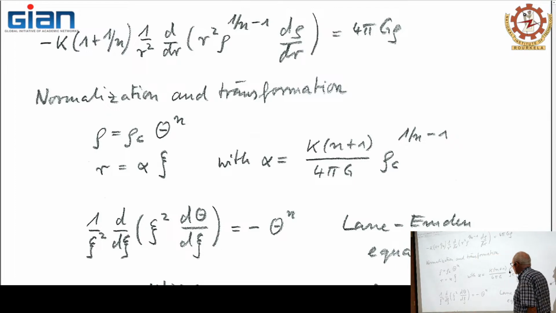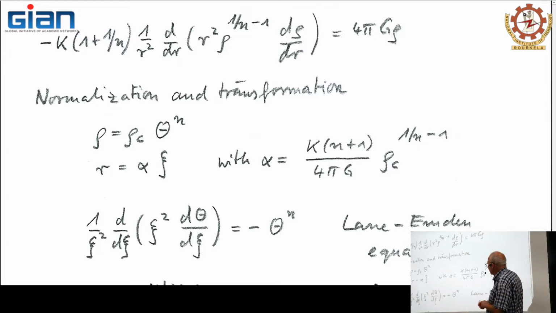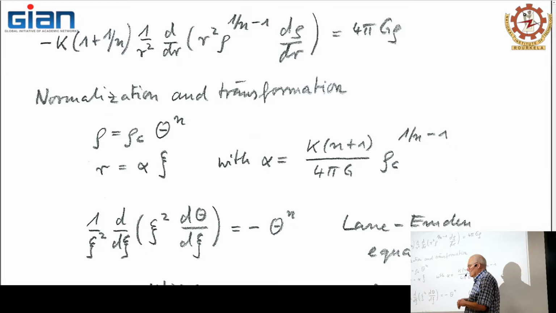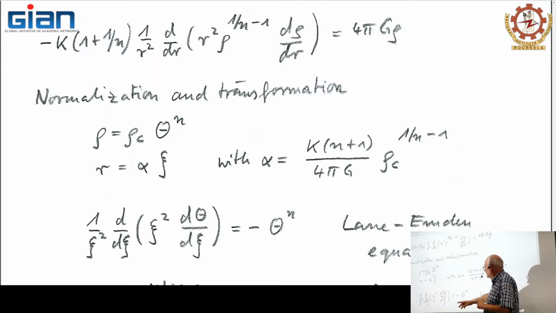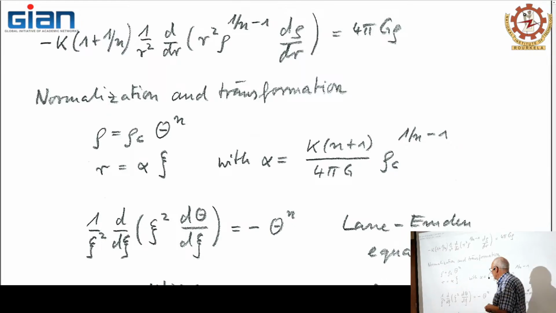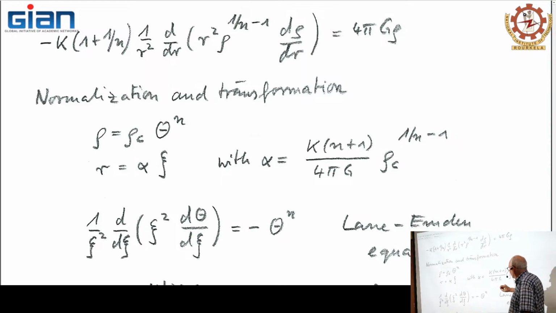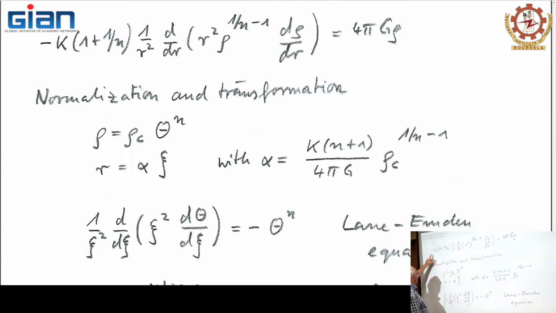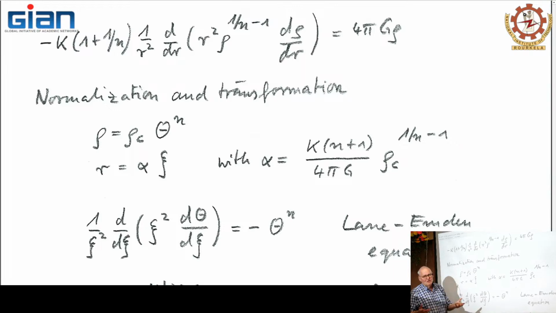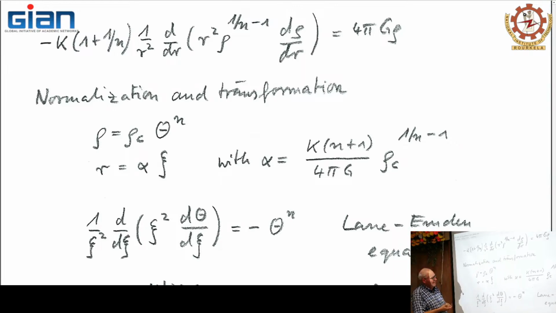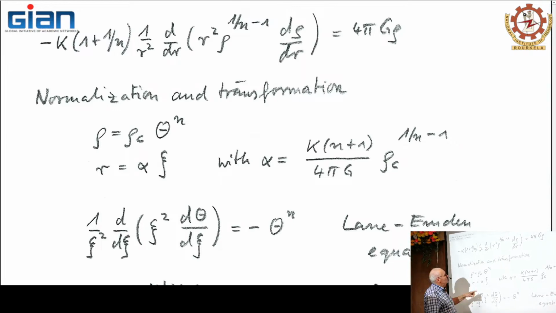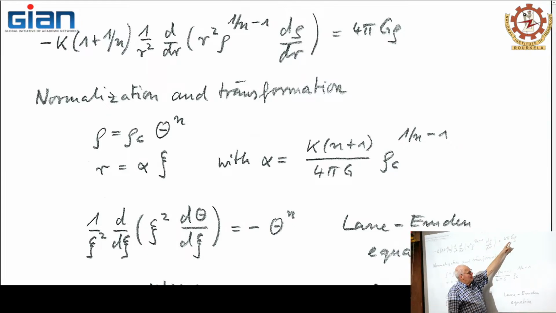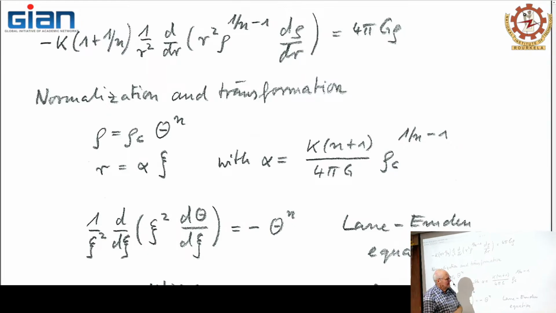Well, the normalization is obtained by choosing a particular value of alpha such that this psi is a dimensionless quantity, and alpha depends on the constant k, which comes from the polytropic relation, and also on 4 pi G, which is the gravitational constant, and on the central density.